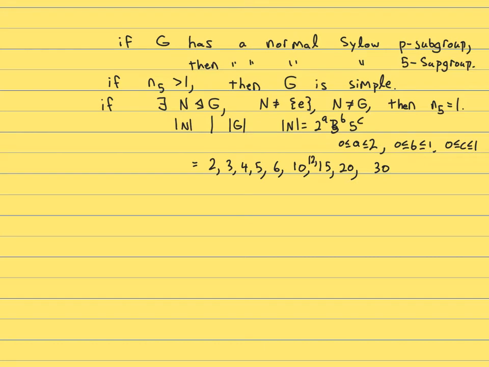Okay, now we've got all the numbers. Now, of course, you can go back through and recognize that you've got primes, squares, or products of distinct primes. If you go through these, you'll discover that each of these corresponds to one of the cases we've already covered. And in each of these cases, we discovered that there was a normal Sylow P subgroup.